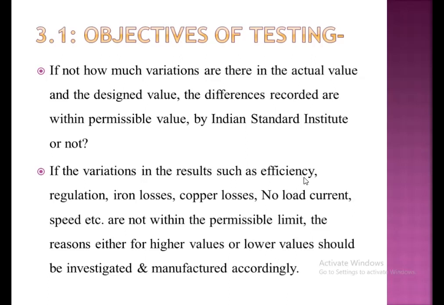Okay, so if the variations in the results, such as efficiency, regulation, iron losses, or anything during any test, are not within the permissible limit, the results may be higher values or lower values apart from the permissible limit. That should be investigated.